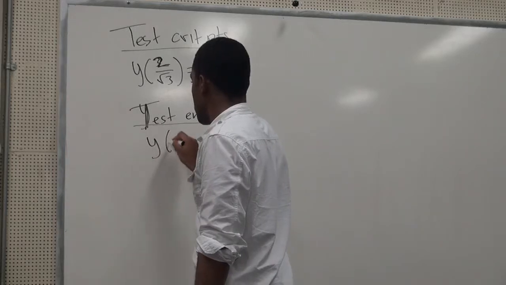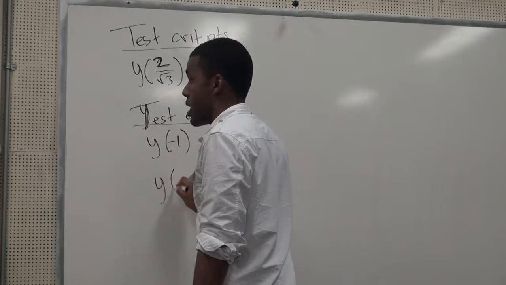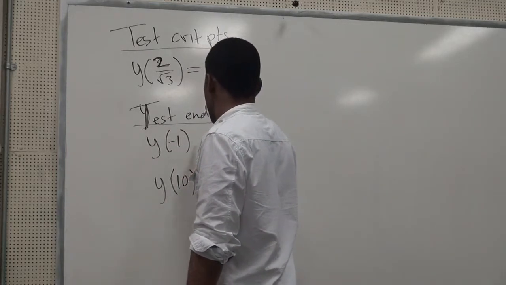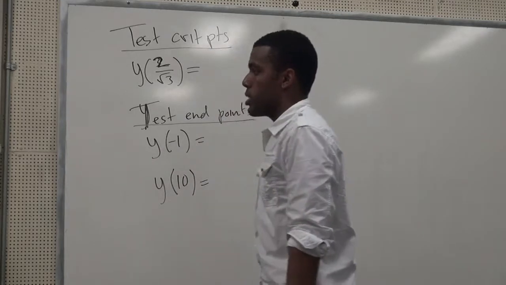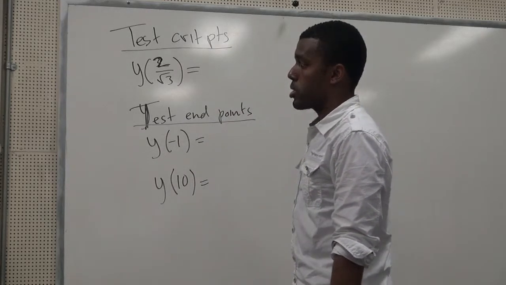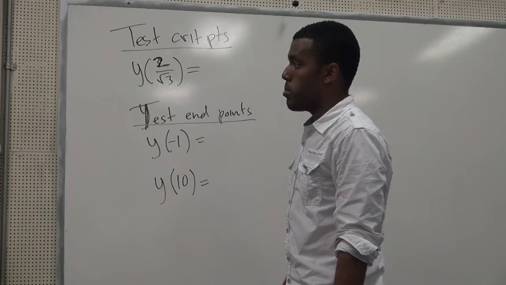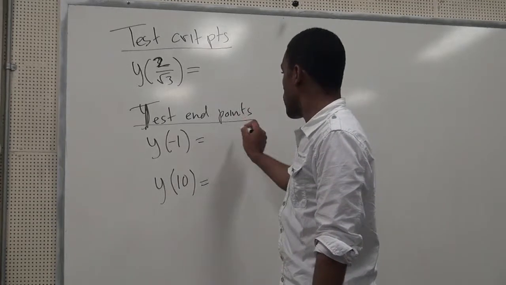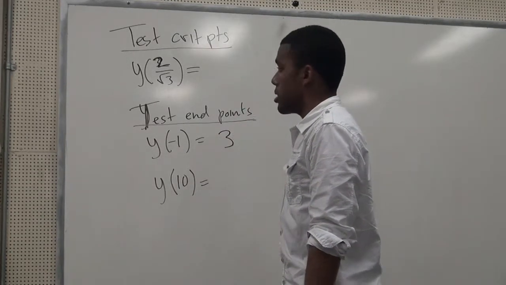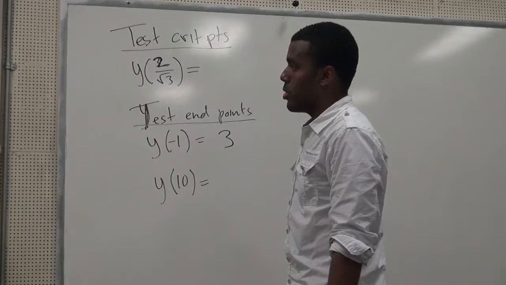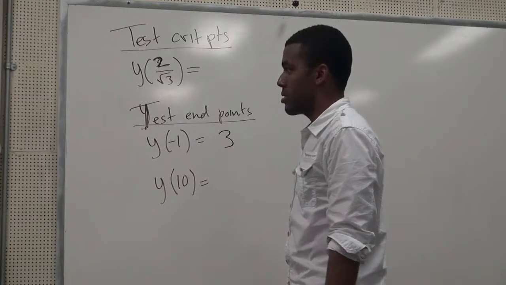So you find y of minus 1 and y of 10. Minus 1 and 10 should not be a problem. So y of minus 1 would be minus 1 plus 4, so that's 3. Y of 10 would be 1,000 minus 40, right?